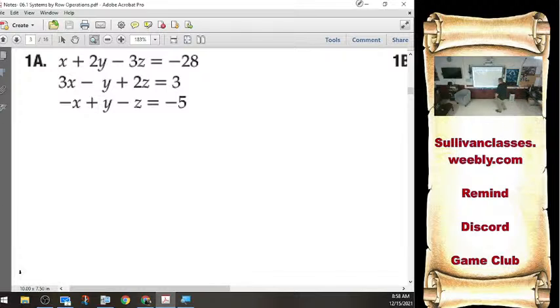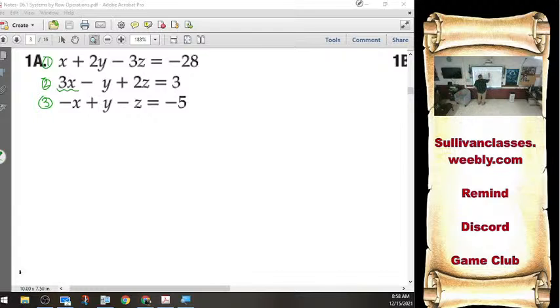Okay, don't overthink this. If I want to get rid of this, use either of the x's in the same column. Does it make more sense to use a 1x or a negative 1x? If I don't have to multiply by a negative, I'm not going to multiply by a negative. It's one more thing for me to screw up.